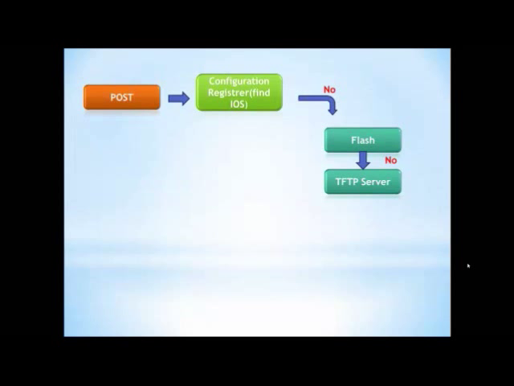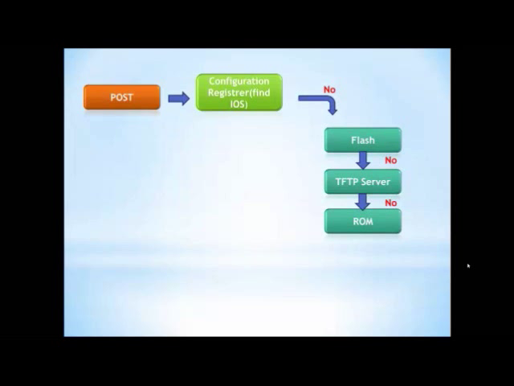If not, the IOS image is loaded from flash. If the IOS is not found in flash, the bootstrap can try to load the IOS from a TFTP server or from ROM, which is the mini IOS.